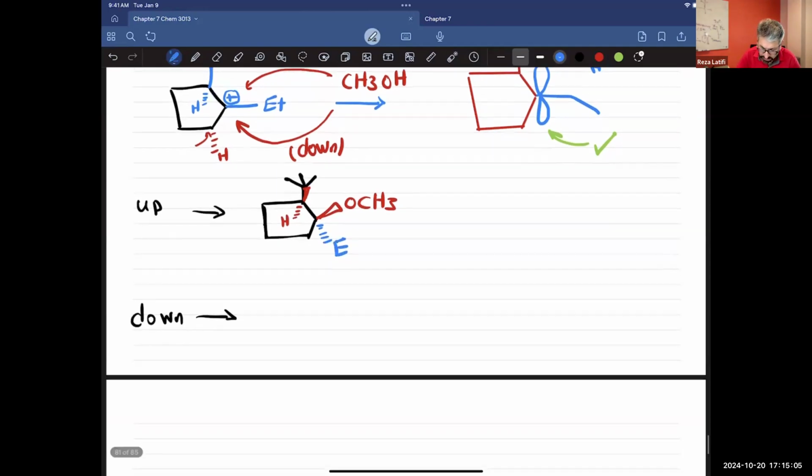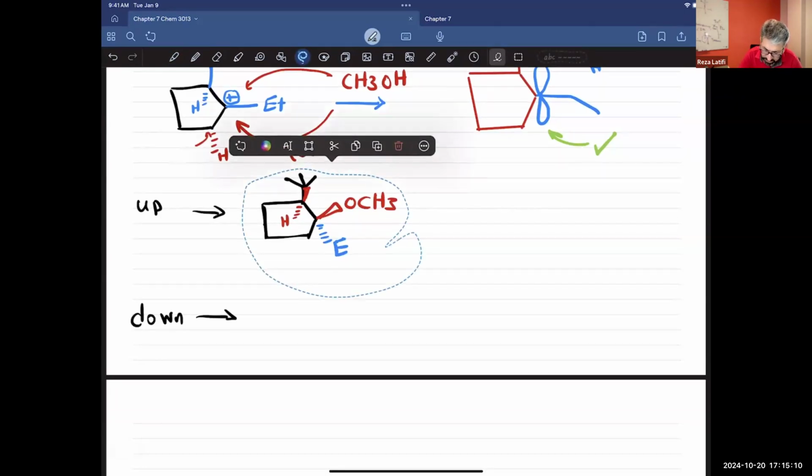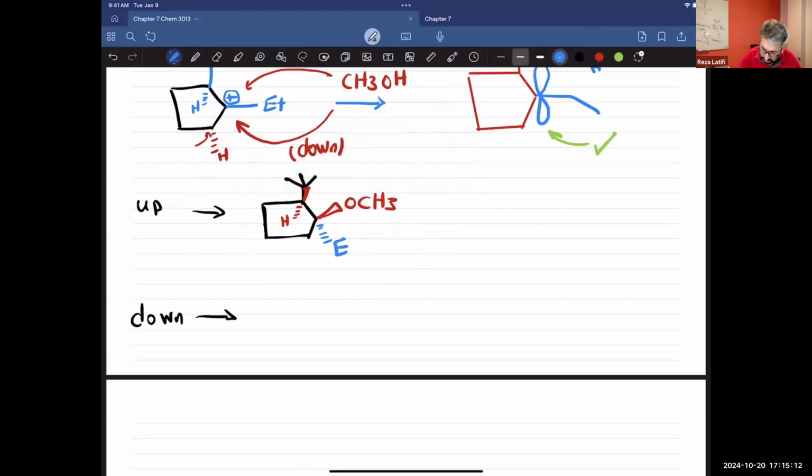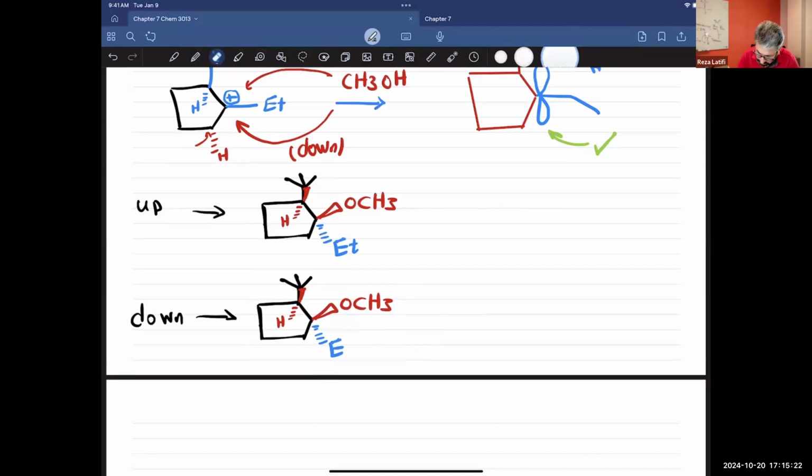Okay. And another product will be the same thing, except the position of the ethyl and the nucleophile will be swapped. So let's change these two. If we change these two, we get ethyl on the top, but this is going to be OCH3.